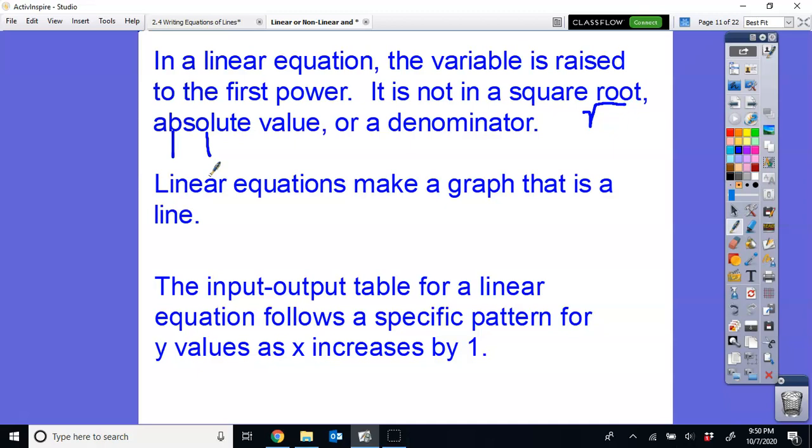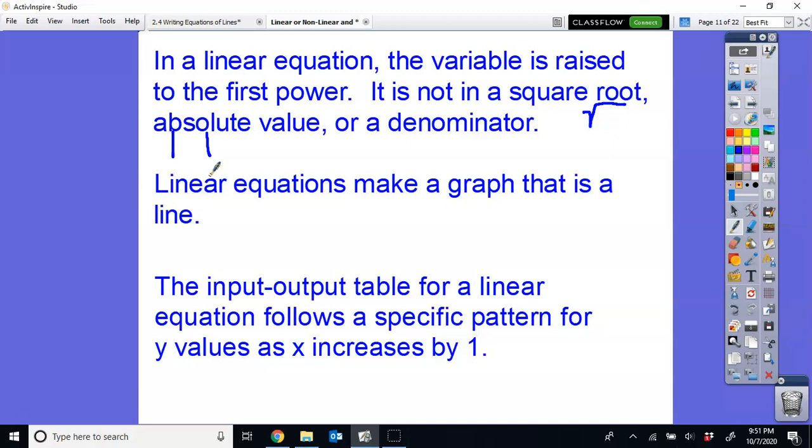So, like I just mentioned, when we talk about linear equations, the reason they're called linear is because the graph makes a straight line. We're going to get into the details of graphing in the next lesson. Also, when we get into graphing, we'll talk about inputs and outputs like we talked about in the first video about functions, where you plug in a number and you get an output.